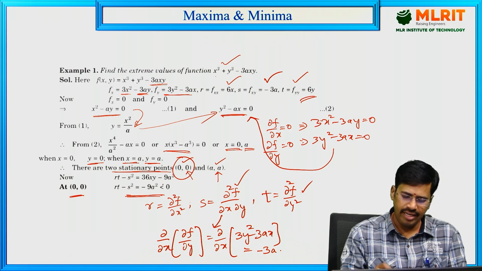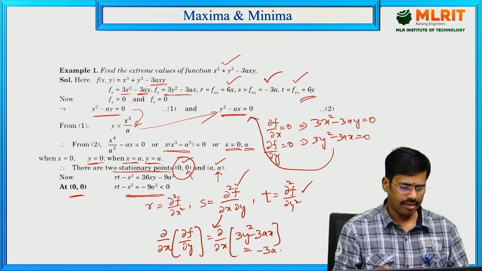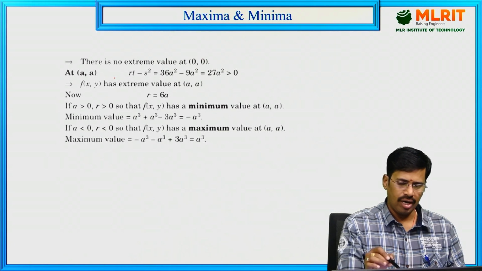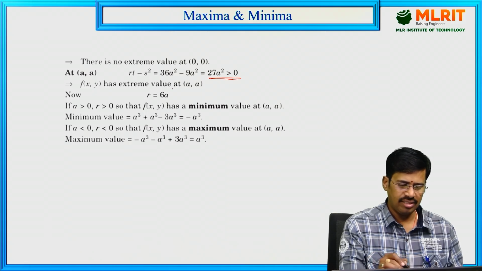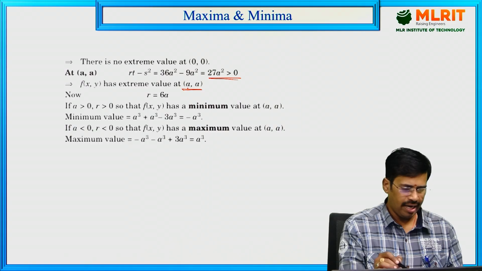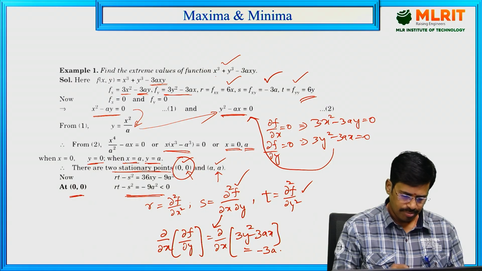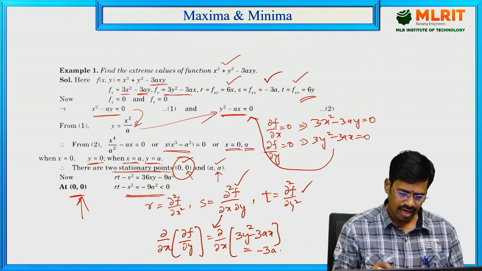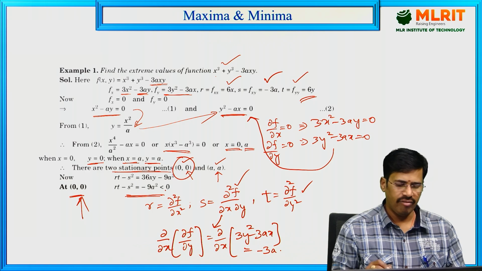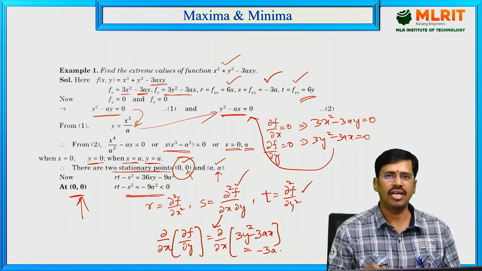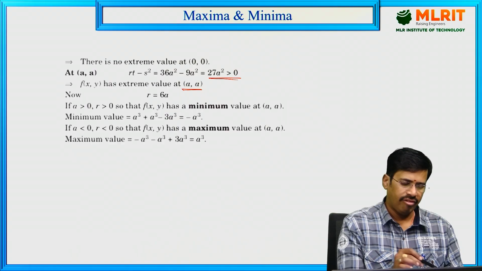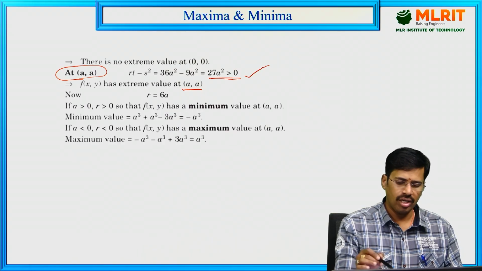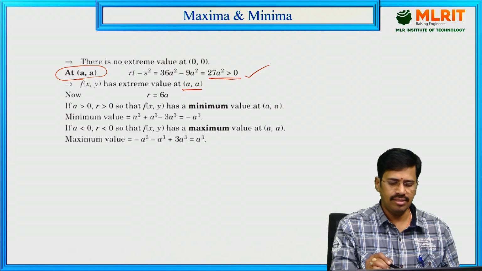We get minus 9a square at the point (0, 0). So at (0, 0), rt minus s square is less than 0, and if rt minus s square is less than 0, we say that the function has neither maximum nor minimum. And at the point (a, a), we got rt minus s square as 27a square, greater than 0.